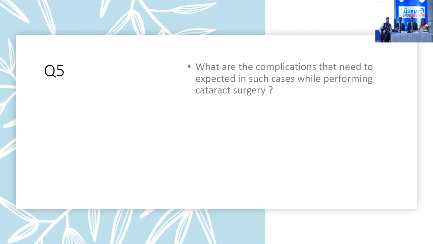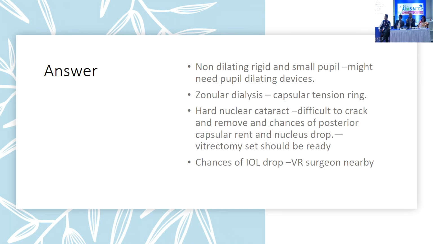Question number 5. What are the complications that need to be expected in cataract surgery while performing such cases? Now in such cases, there is zonular weakness and a non-dilating pupil, and the cataract is always harder, because of the temperature. So in such a situation, it is better to go for SICS.